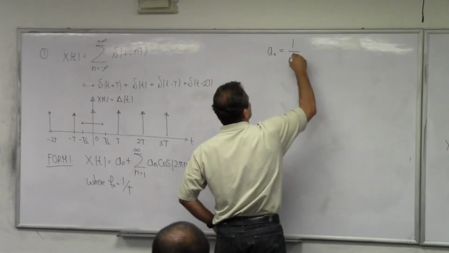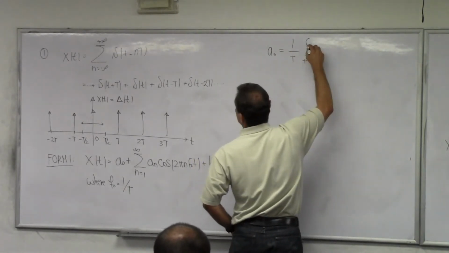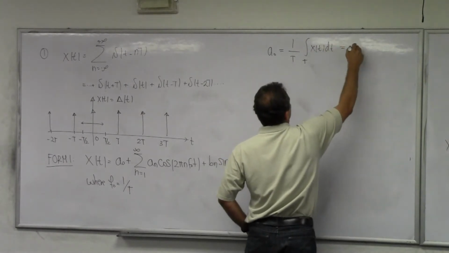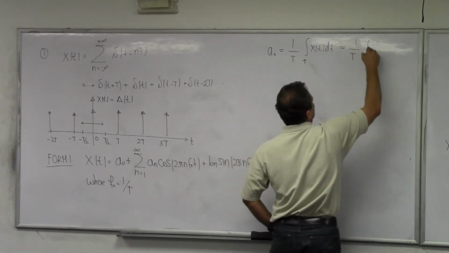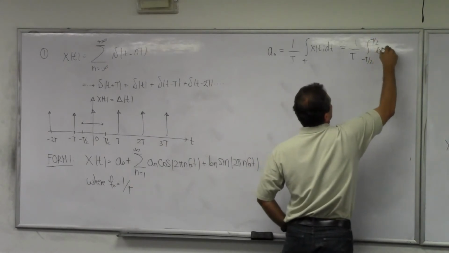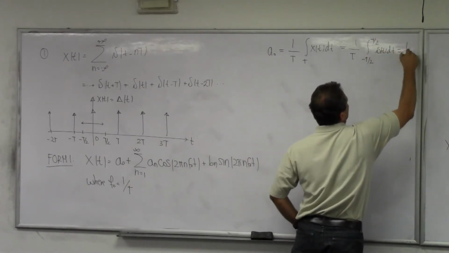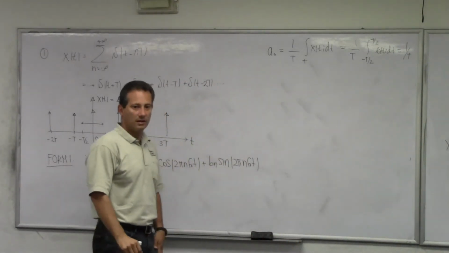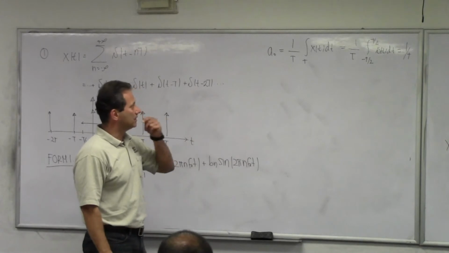But formally, this is 1 over T, integral over T, x of t dt, and then I reduce this to 1 over T, integral from minus T over 2 to T over 2, delta of t dt, which is 1 over T. So I have calculated a0; I guessed it, I calculated it, so I'm reasonably happy that what I have here is correct.